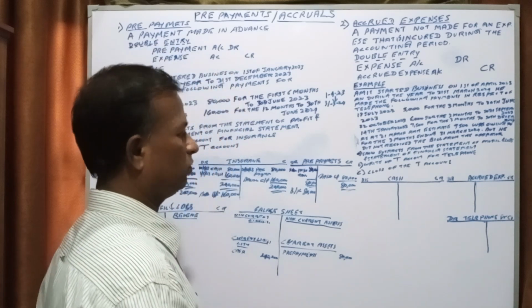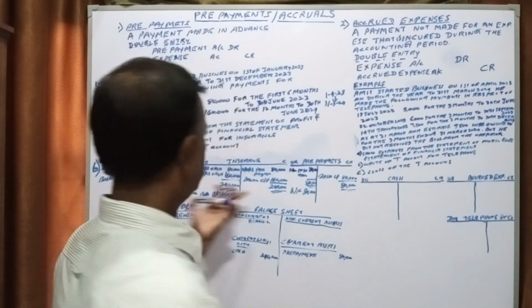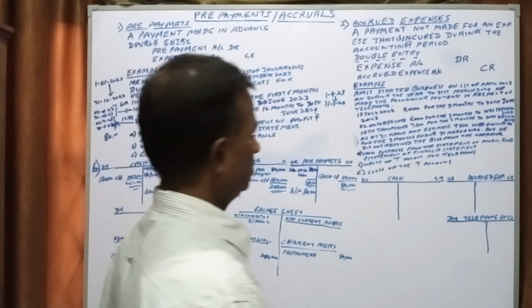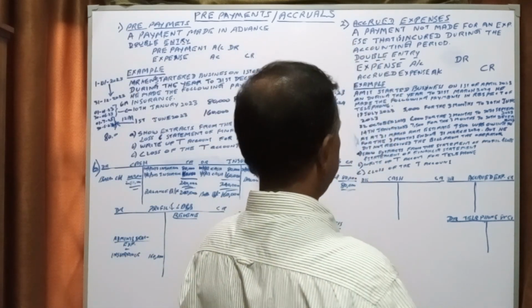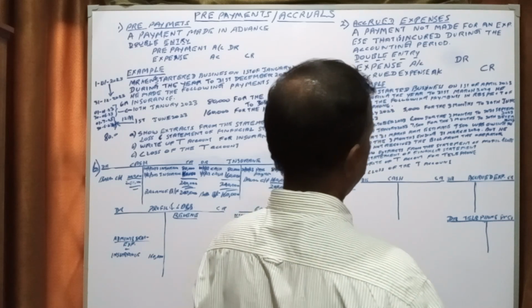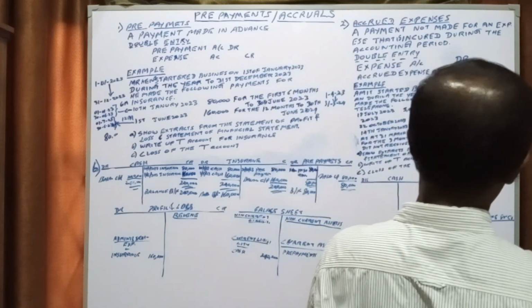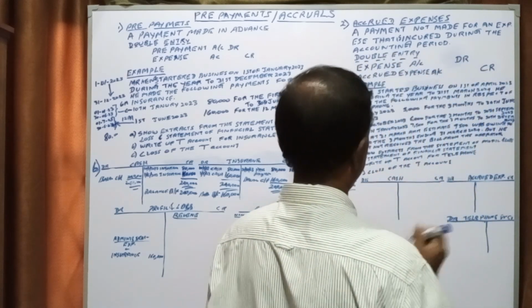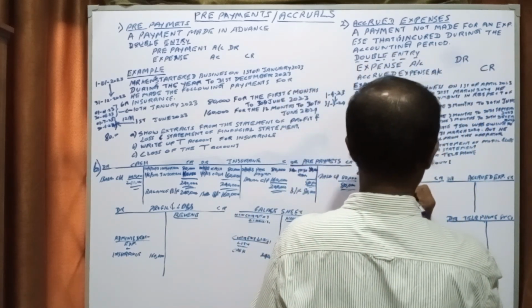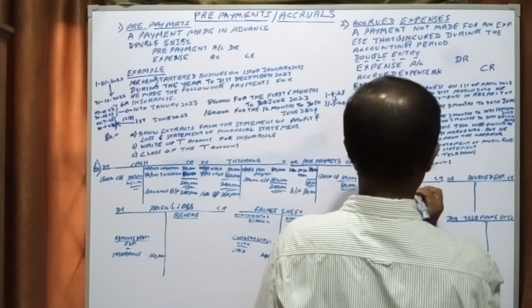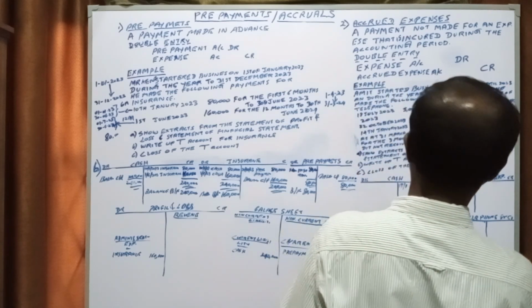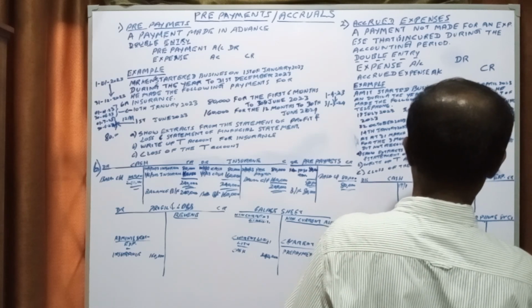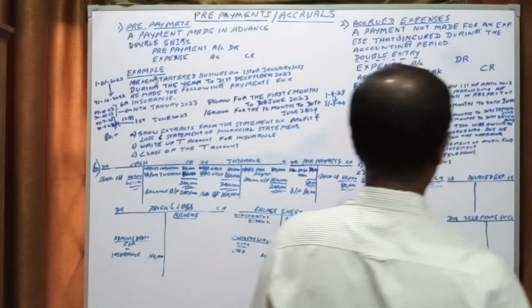Three accounts we have opened. First, 18th July 2023, 5,000 for the 3 months to 30th June. So cash is paid on 18th July, paid for telephone 5,000. Okay.